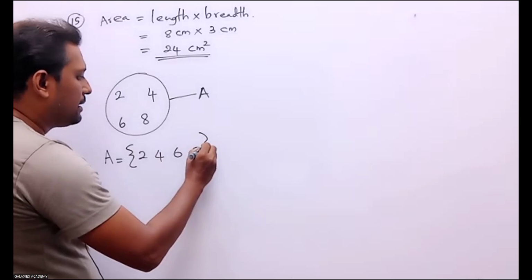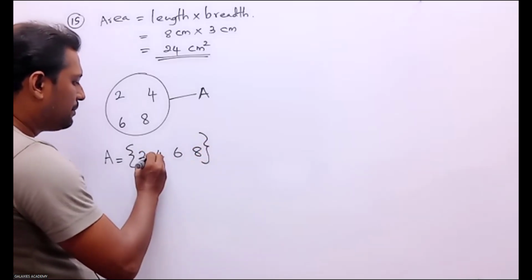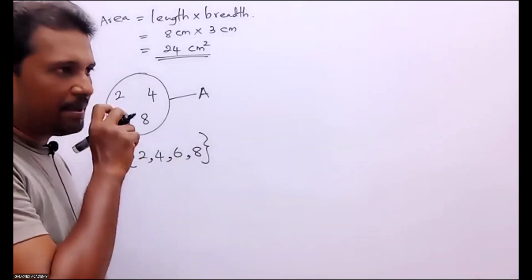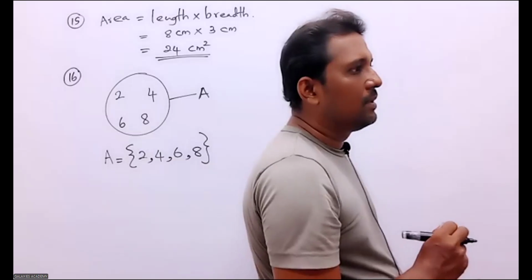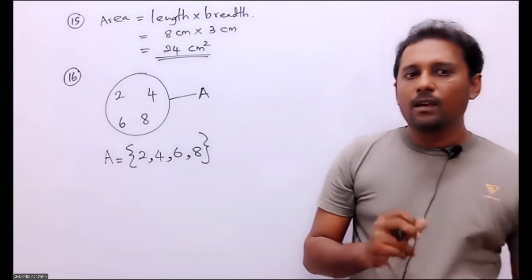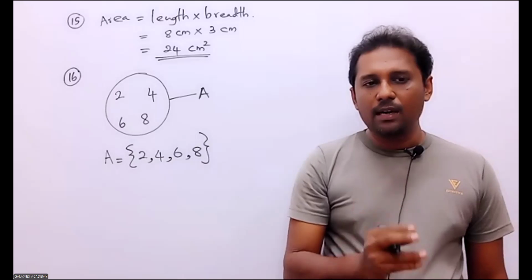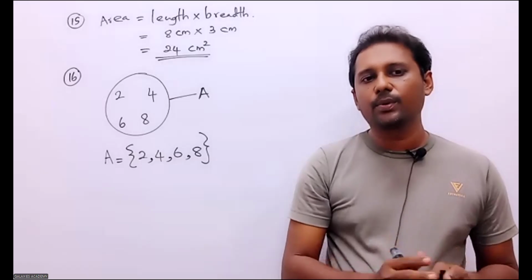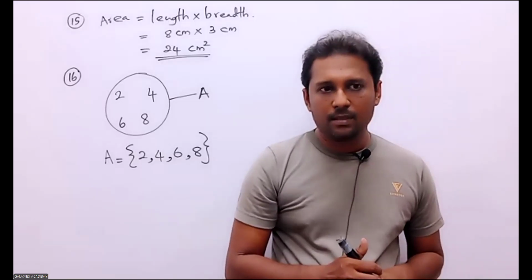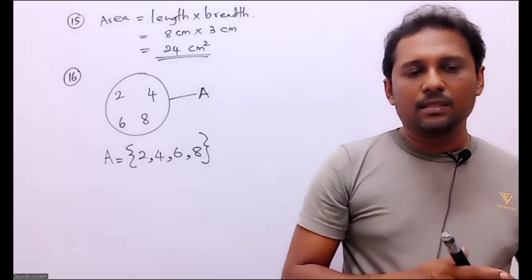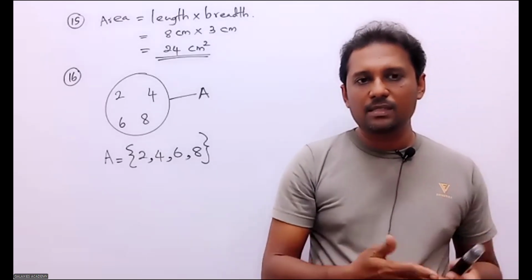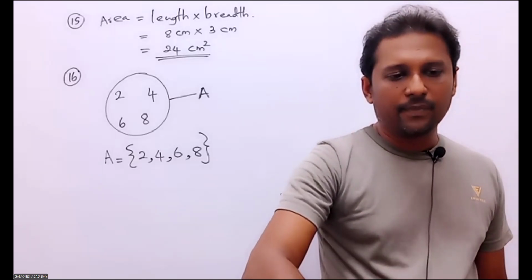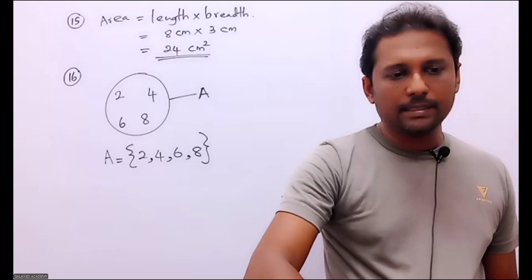Remember, when you write the elements, you have to put a comma between two elements. Also, in the list of elements method, don't write repeated values. An element can be written only once. If you already wrote an element, we can't write it again. Also remember that.